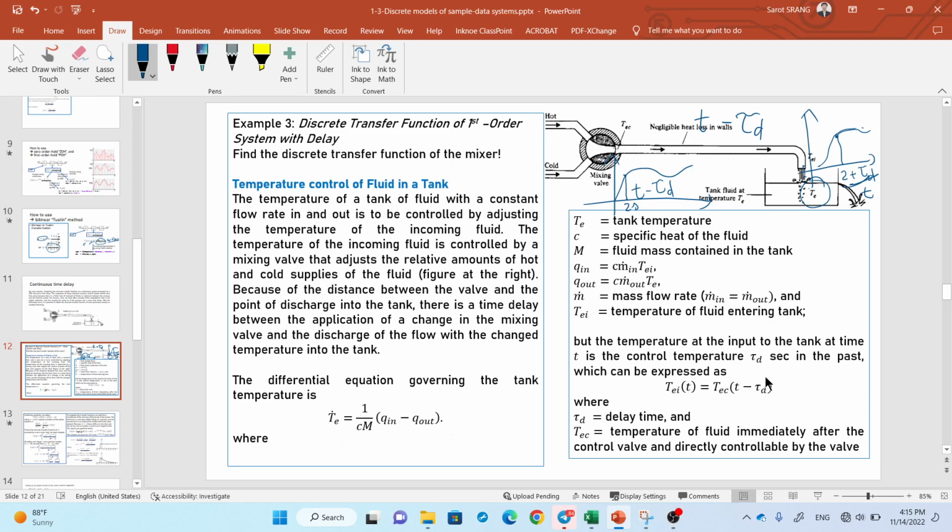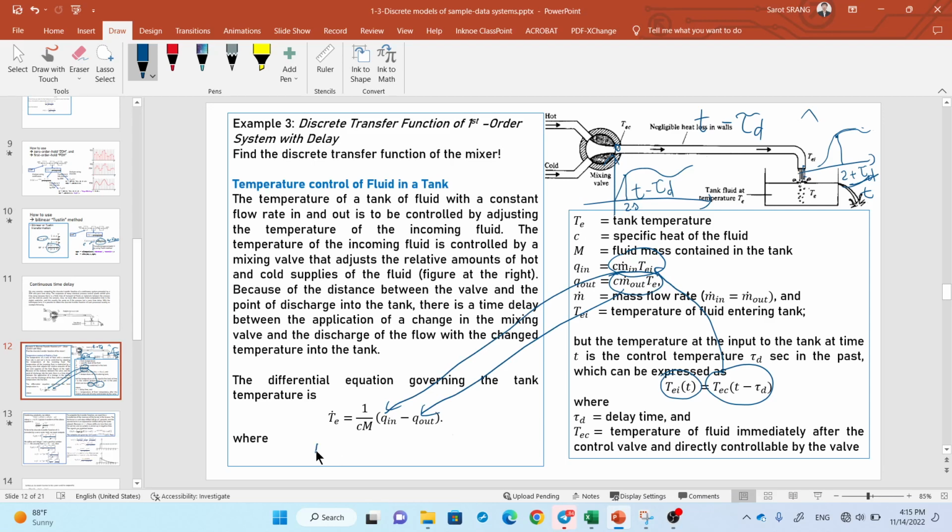Okay, so the temperature at the input here is the same as the temperature at the control here at time t minus tau D, right? So you already understood, I just explained earlier. And then we substitute this into this equation, and this equation is substituted into here, and this one into here, right?